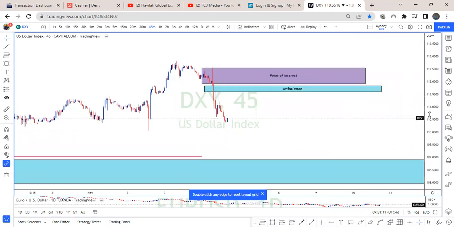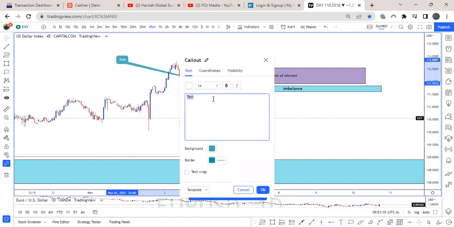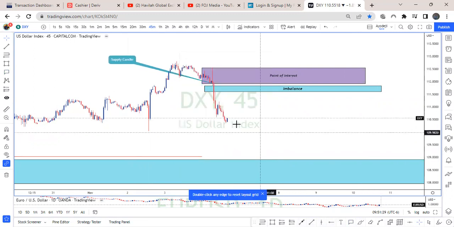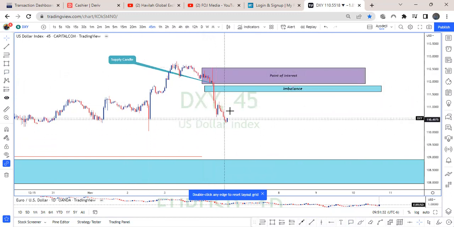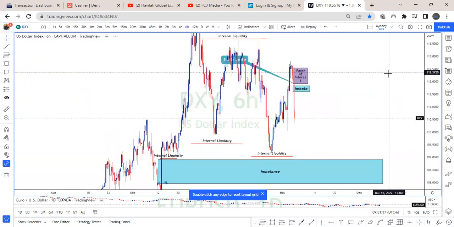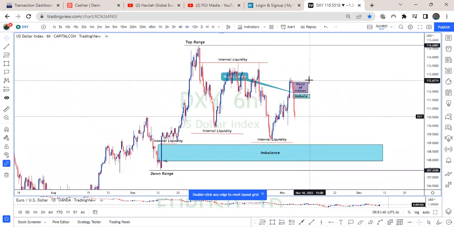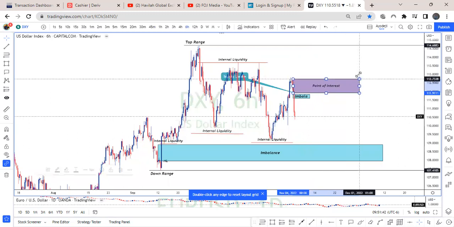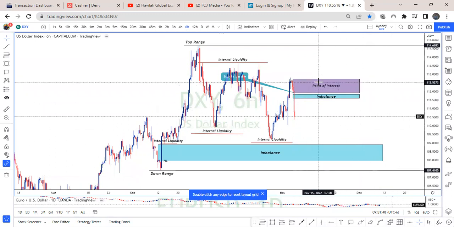There is a supply candle here. This is a supply candle that price may likely come to tap before going back to our major point of interest.